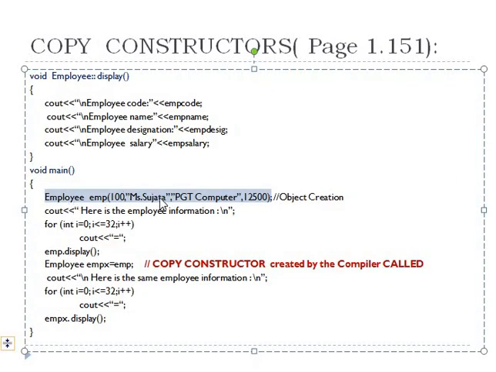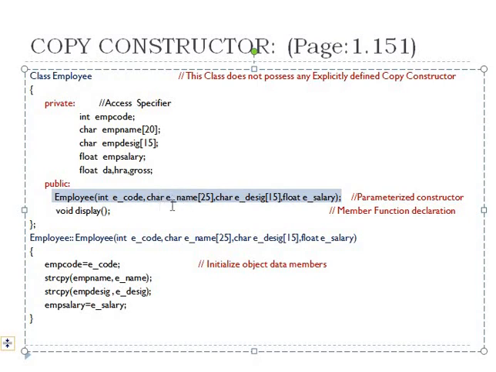So to sum it up, once this statement gets executed, the object EMP is created, this parameterized constructor is invoked immediately and the initial values are passed into these parameters, and then the initial values from these parameters are fed into the data members.